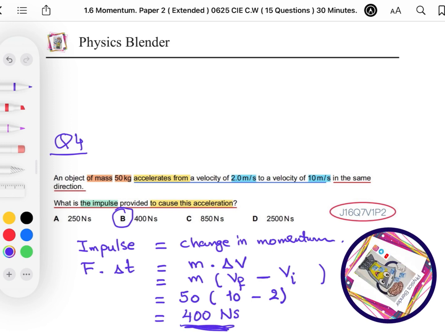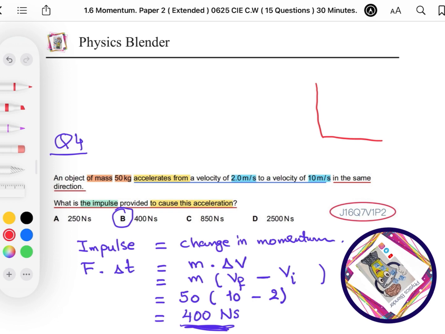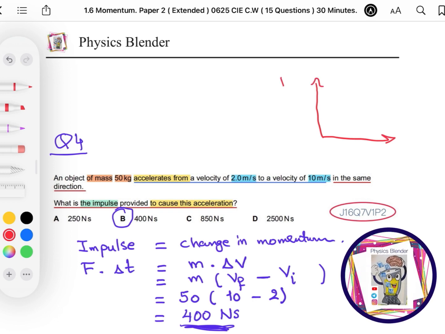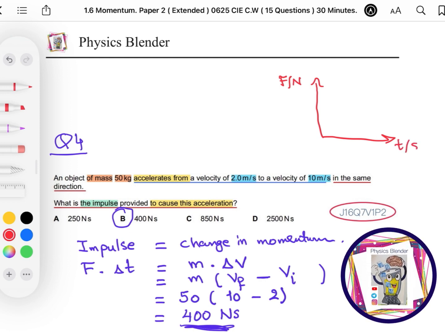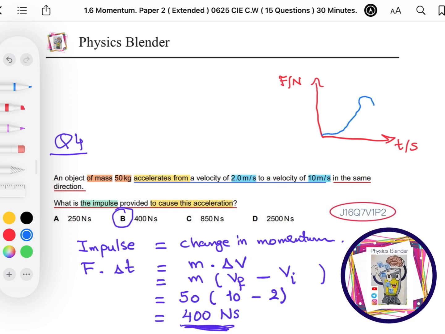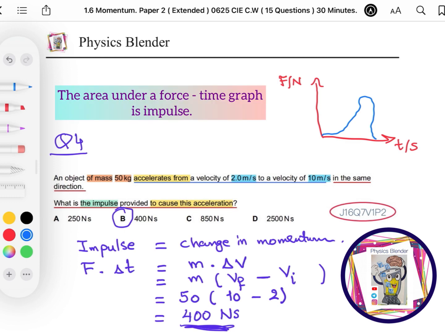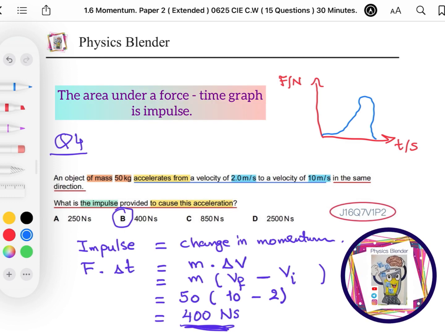I would like to explain here, if you have a force graph representation, force versus time, and you have a graph like this, for example, the area under the graph will be representing impulse.